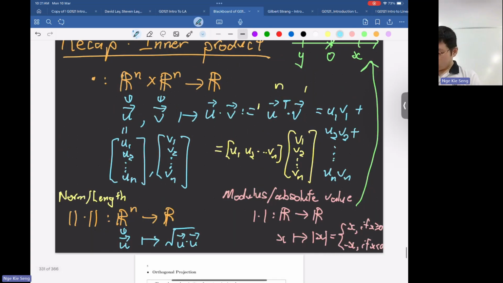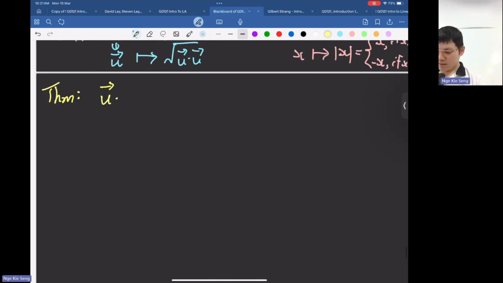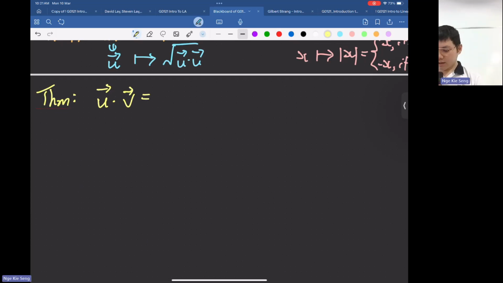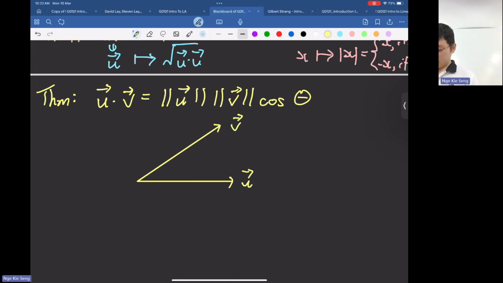So if we define this, actually we have a theorem: u dot v is equal to the length of u times the length of v times cos theta. So actually the dot product we define between two vectors gives you these three quantities combined: we have u, we have v, and then there's an angle.